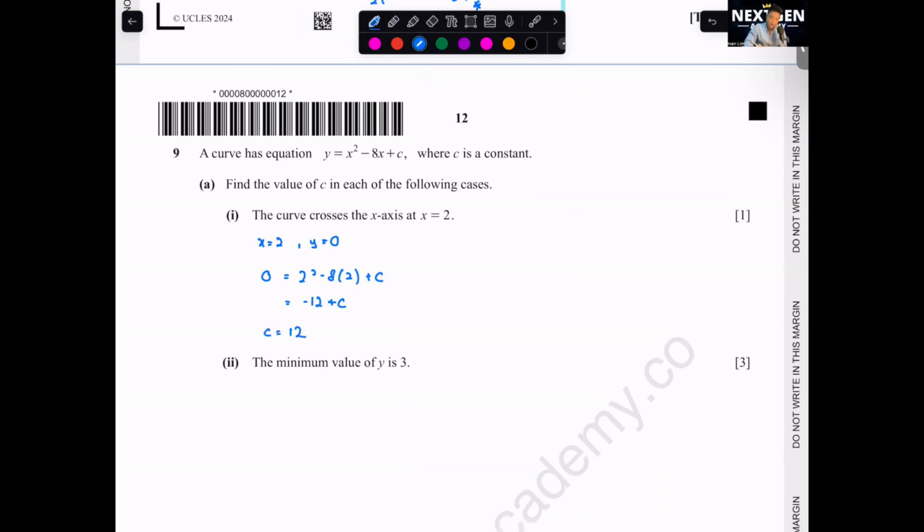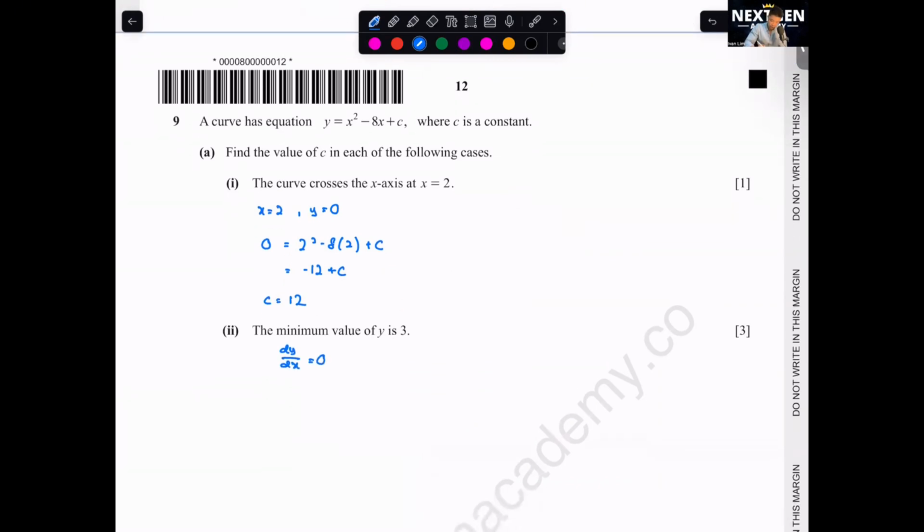Minimum value of y is 3. When we see the word minimum, means dy over dx equals to 0. Minimum or maximum is dy over dx equals 0. Let's find our dy over dx, which is 2x minus 8 equals to 0. x is equals to 4.